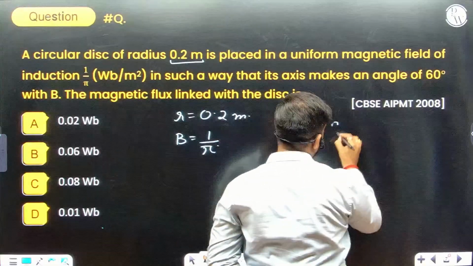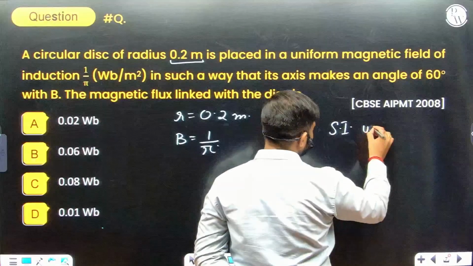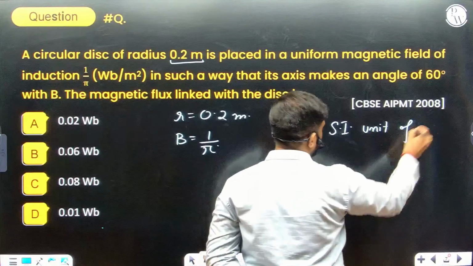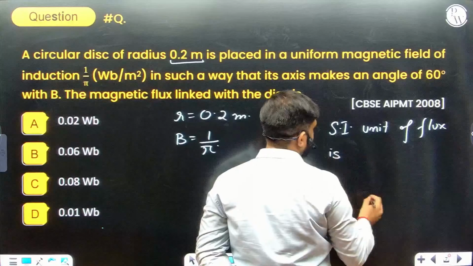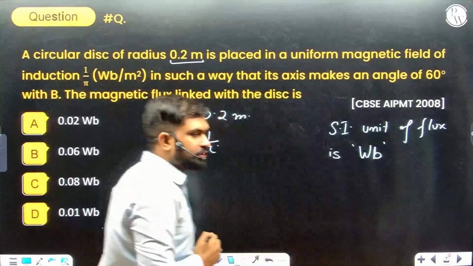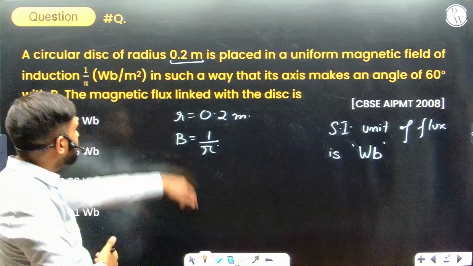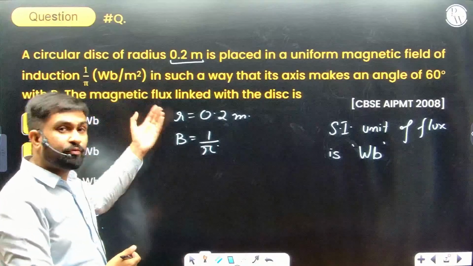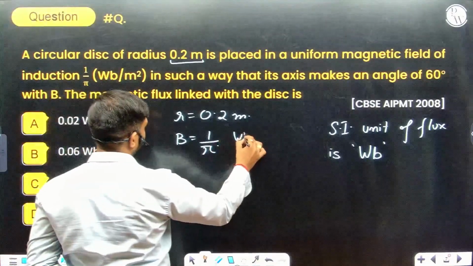Why? They are using the unit in terms of flux. So what is the SI unit of flux? By now you all should know this, it is Weber. Flux is magnetic field into area, so that's why they have taken magnetic field as flux upon area, Weber per meter square. So I hope you understood the unit.